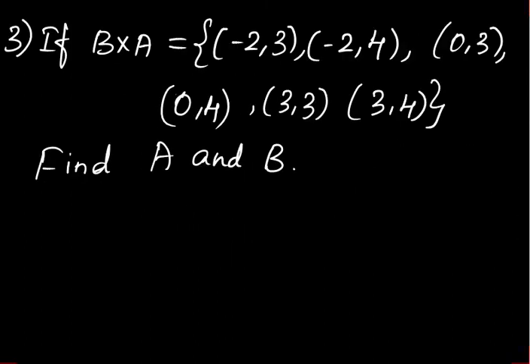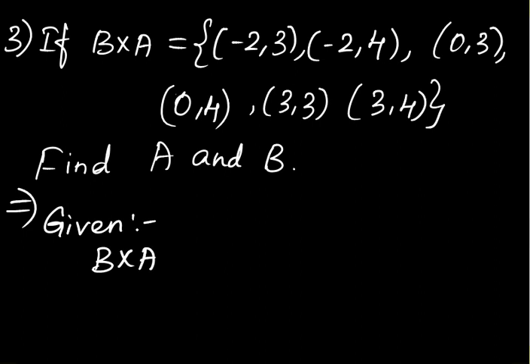Third question, if B cross A is equal to the set of minus 2, 3, minus 2, 4, 0, 3, 0, 4, 3, 3 and 3, 4, find A and B. To solve this, first write what is given. Given is the B cross A value.